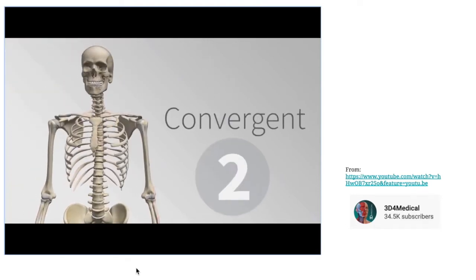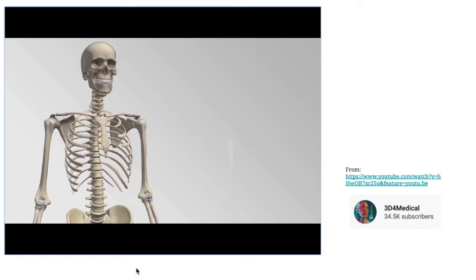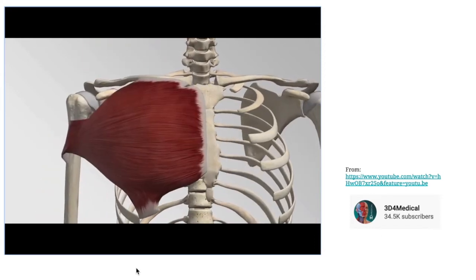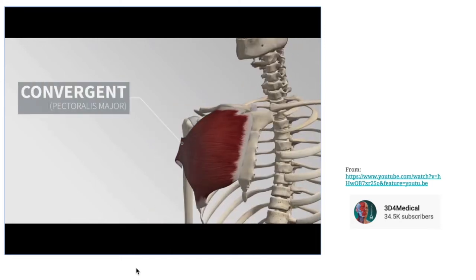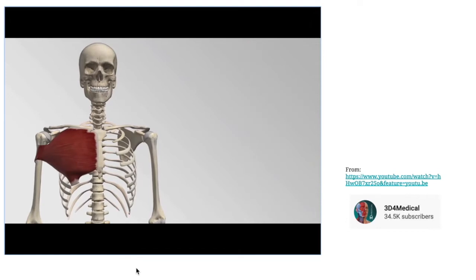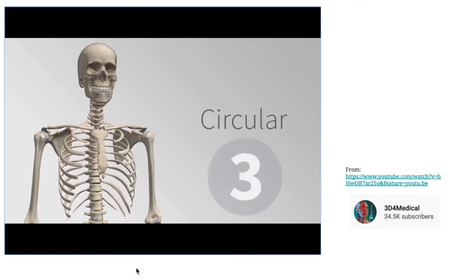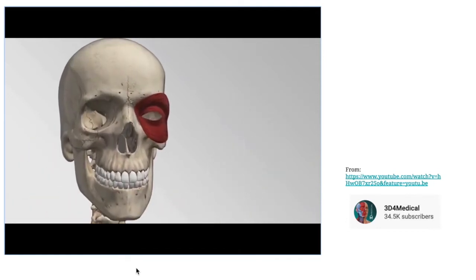Convergent muscles contain fibers that have a wide origin but converge in order to attach to a narrow tendon. Circular skeletal muscles are made up of fibers that are arranged in a circular manner. They are found at points of openings where the contraction leads to a closure of that opening.